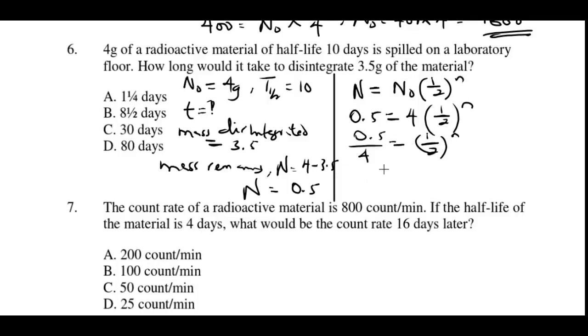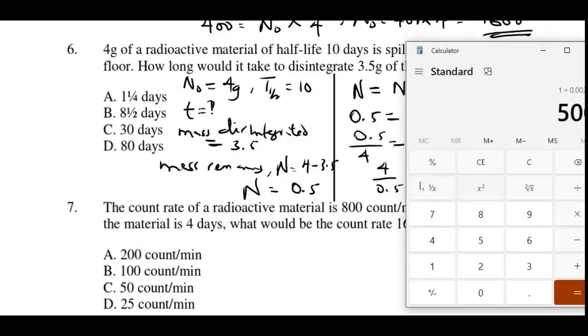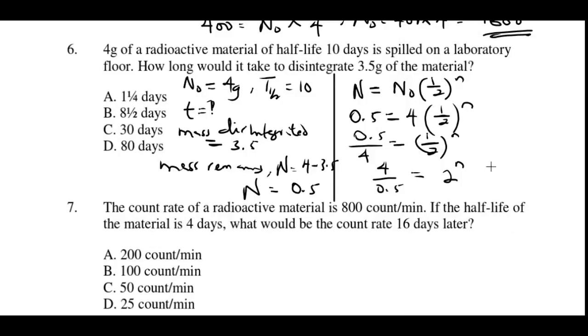If we use the reciprocal law of indices, this becomes 4 over 0.5 equals 2 to the power of n. So you simply press 4 divided by 0.5. What do you have? You have 8. So 8 equals 2 raised to the power n, 2 raised to the power 3 equals 2 raised to the power n, and n equals 3.